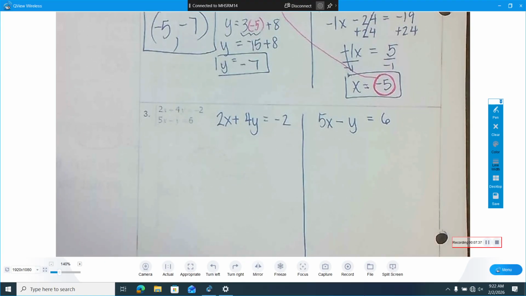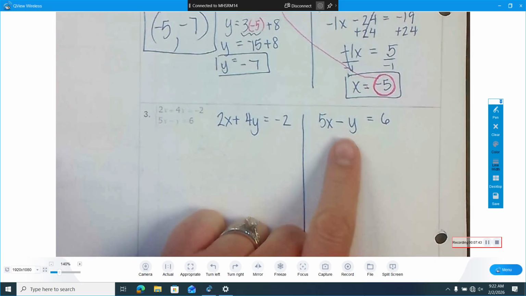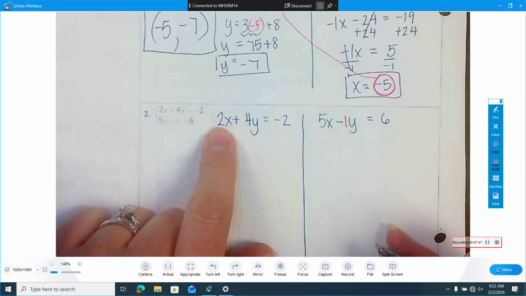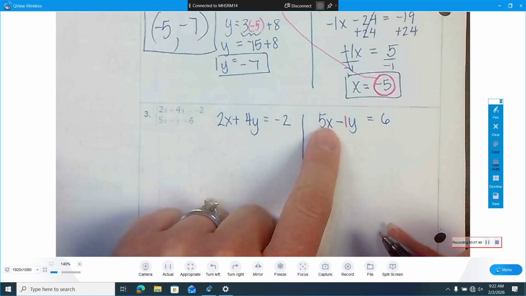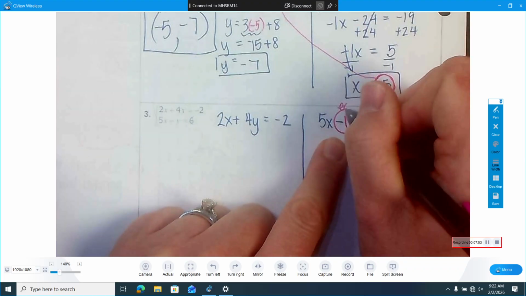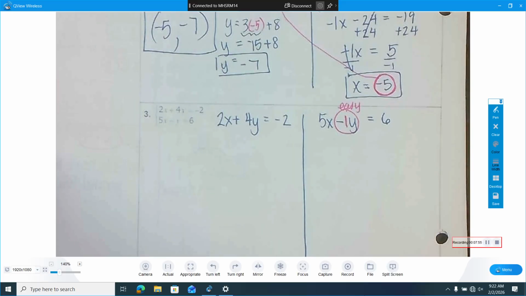Where's my easy variable? Yeah, the negative y. It's a negative 1y. All of these, though, have a 2, a 4, a 5 in front. That makes them a little more challenging.